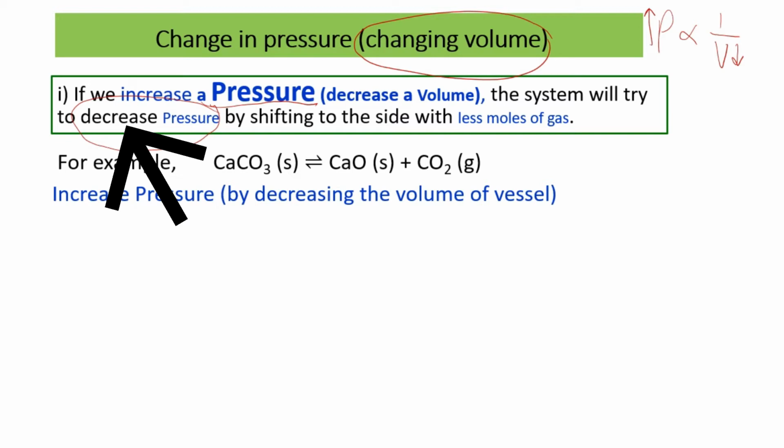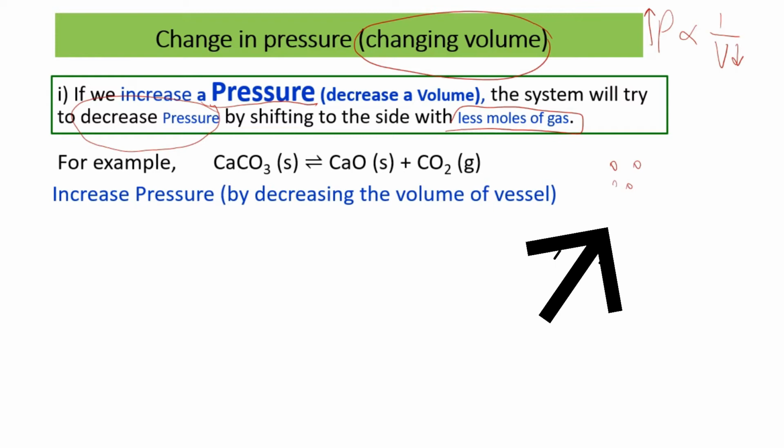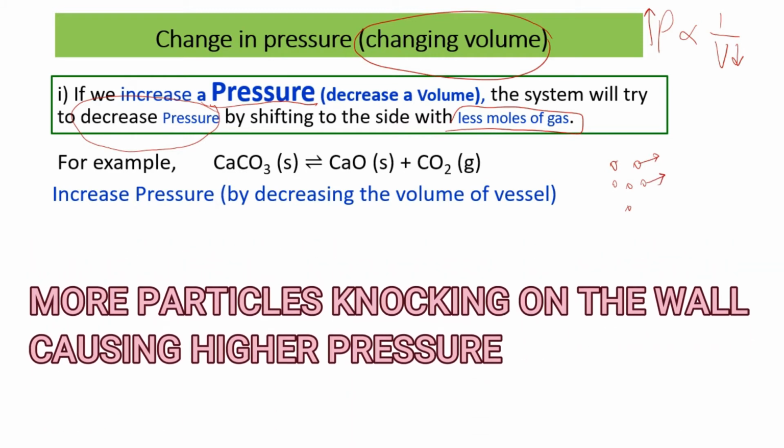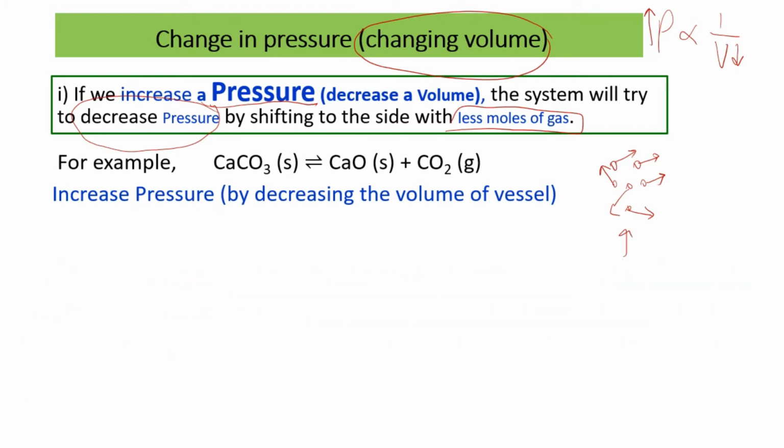And how to do that? We will shift to the side with less mole of gas. Okay, if I have 2 sides, one side I have more moles of gas. So remember, if you have many particles knocking at the wall, they will have higher pressure. This is higher pressure.